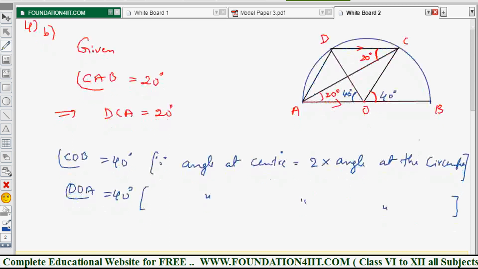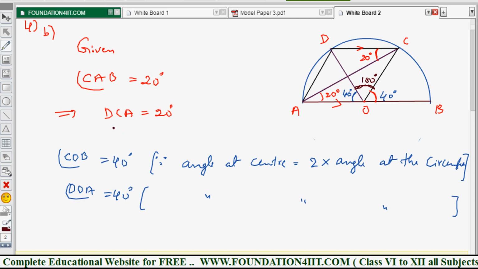Then once you know these angles, we can find angle DOC, because the angle on a straight line is 180 degrees. So 40 plus 40 is 80, and this must be 100 degrees.